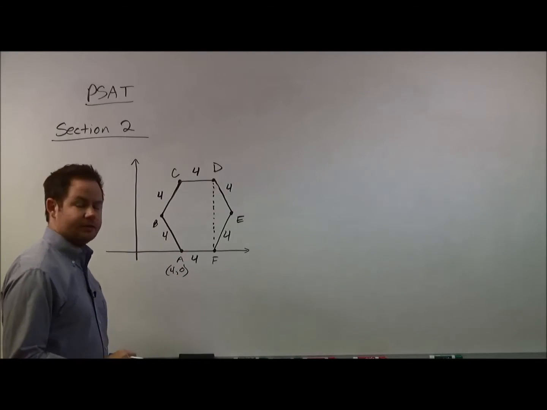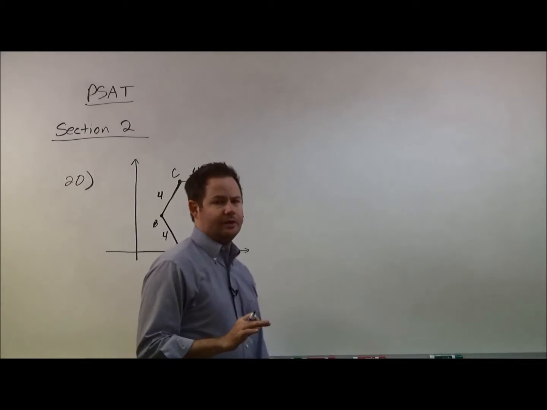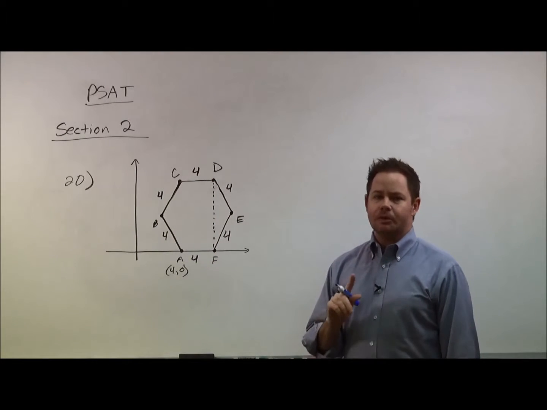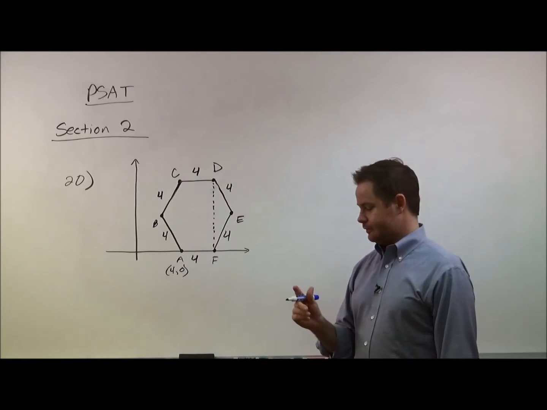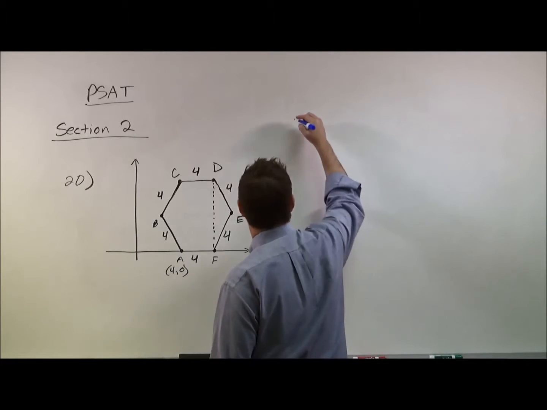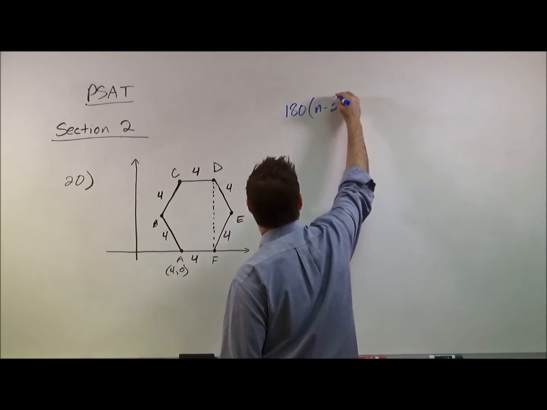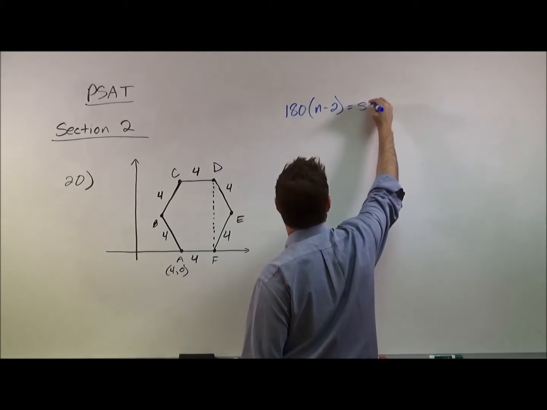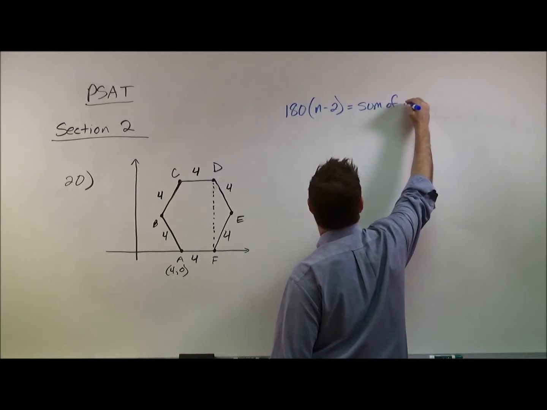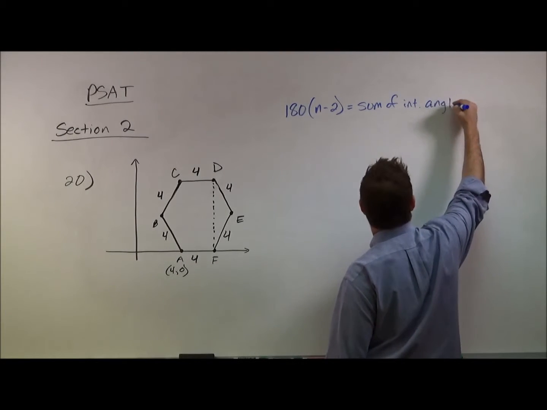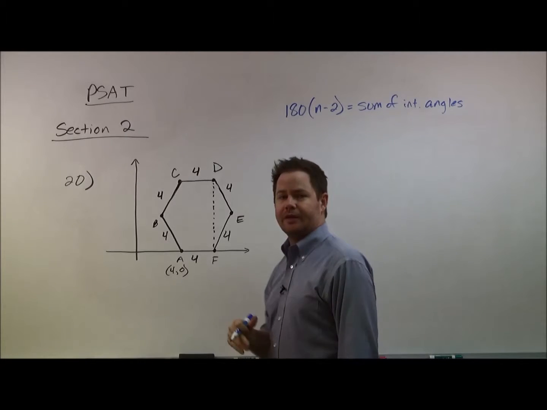And so there's a couple things that we can do here in order to figure out what that length is going to be. The most important thing, equation-wise, for us to know on this is whenever you're dealing with a polygon, 180 times n minus 2 is the sum of the interior angles of that polygon.